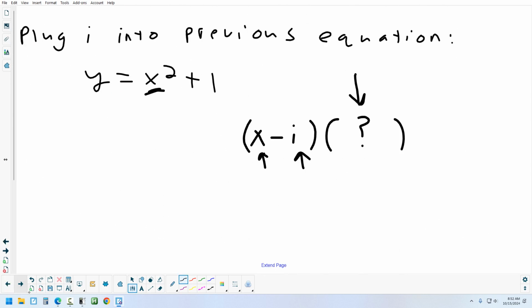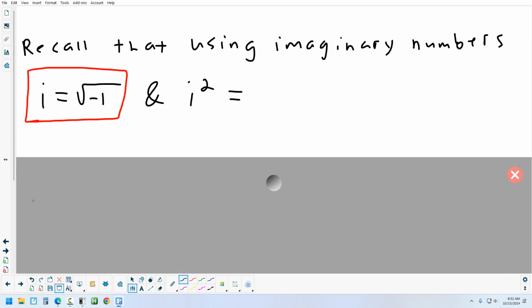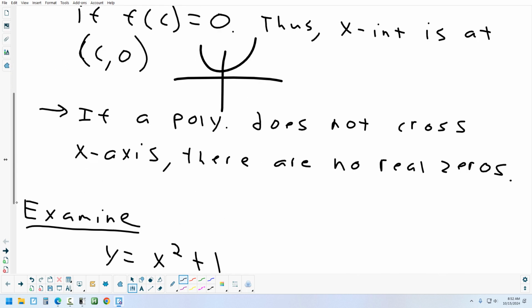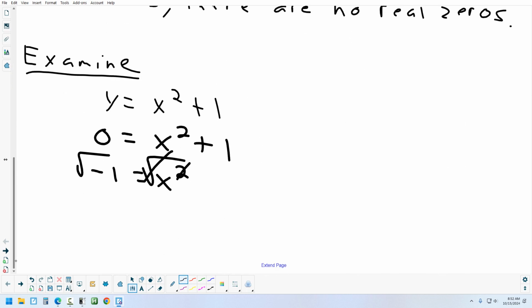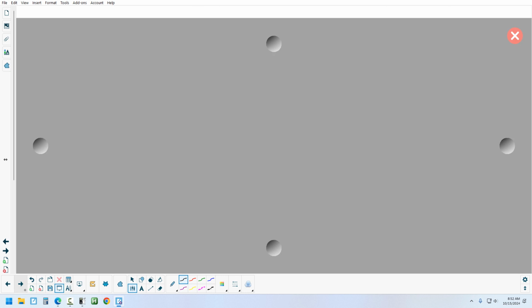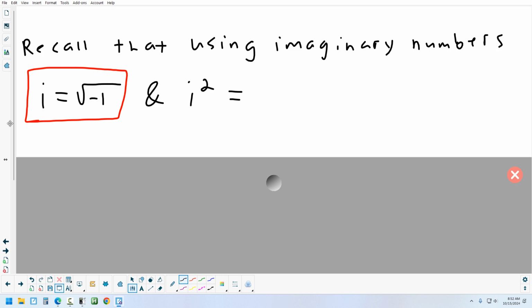All right, so let's start with talking about what i is. When we're dealing with imaginary numbers, i is defined to be the square root of -1. When we had this on the other page and took the square root of both sides, we didn't really know how to represent the square root of -1, because the numbers we've dealt with so far have been real.